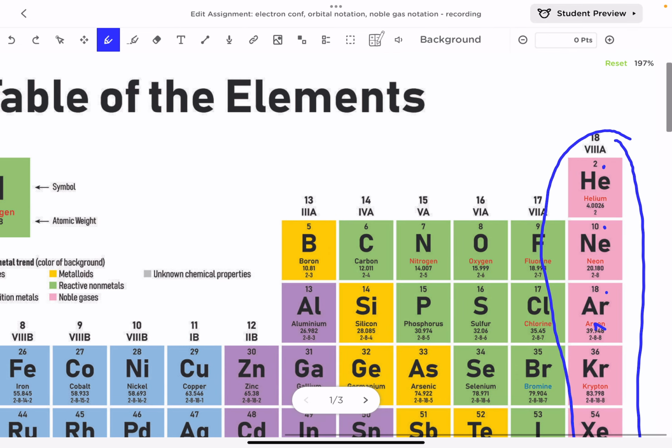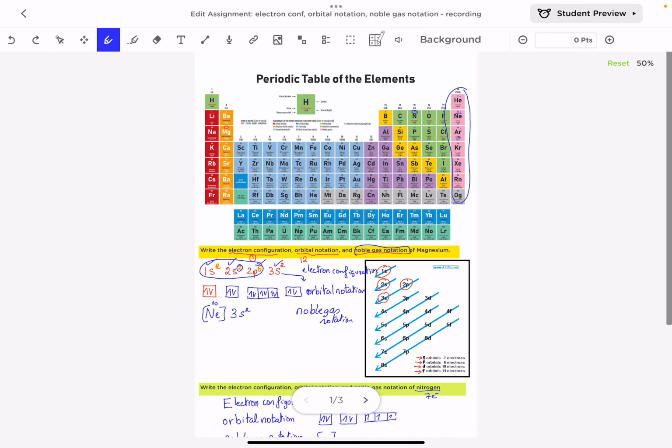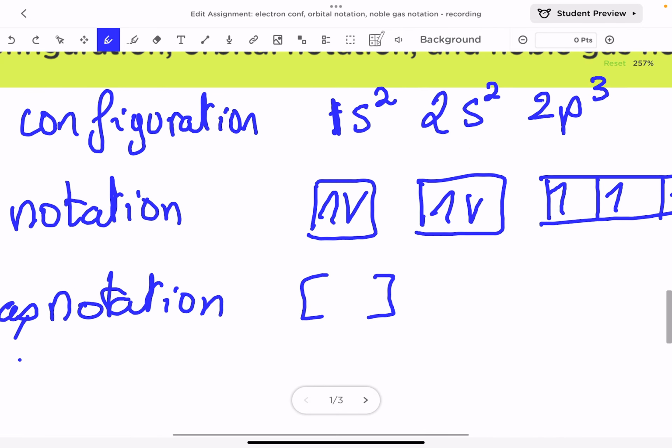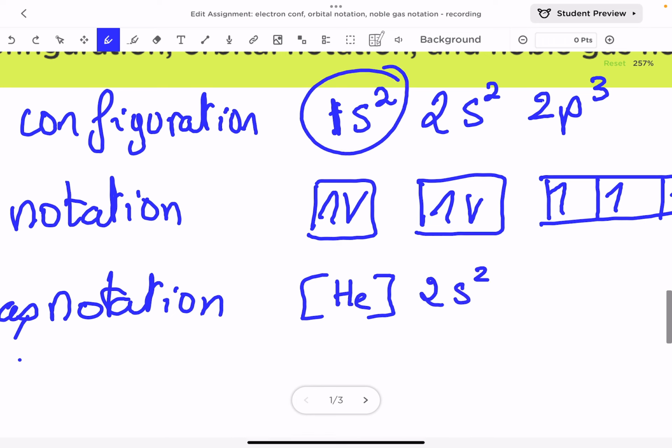So nitrogen 7. I cannot pick up neon because neon has 10 electrons. So we choose a noble gas having less electrons than nitrogen. So here we select helium, which represents only the 1s2, and we copy the rest.